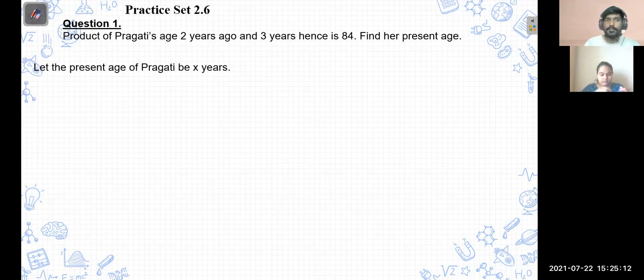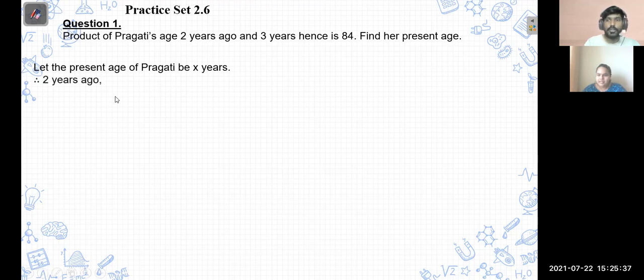Now as per the first condition, what will be her age 2 years ago? Her current age is x. 2 years ago, what will be her age? x minus 2.